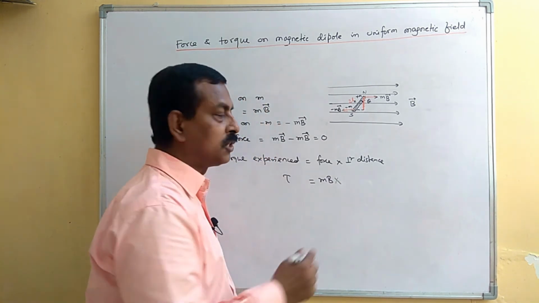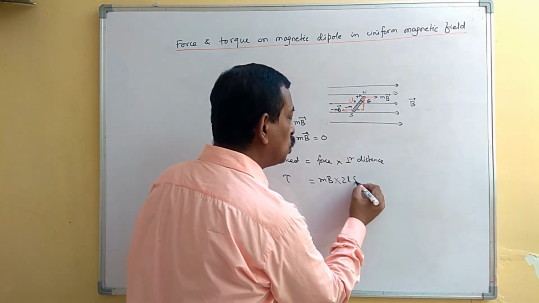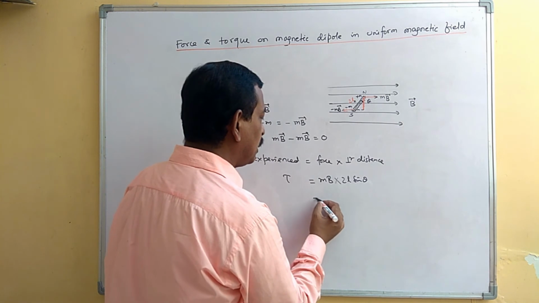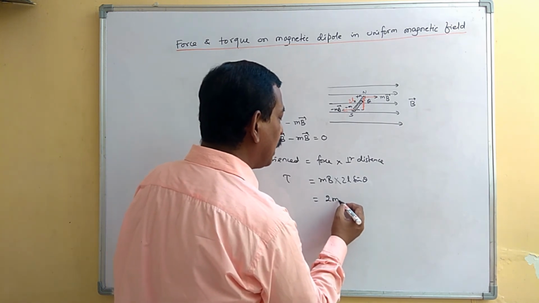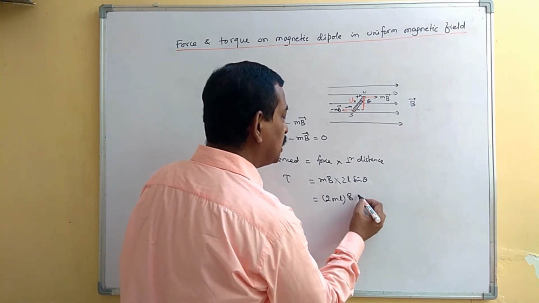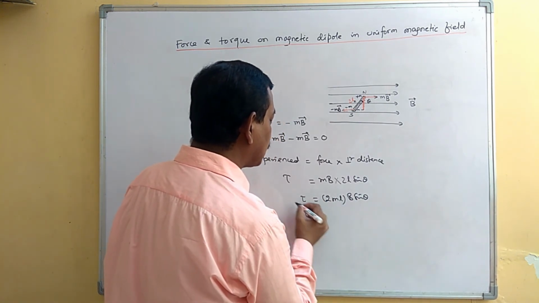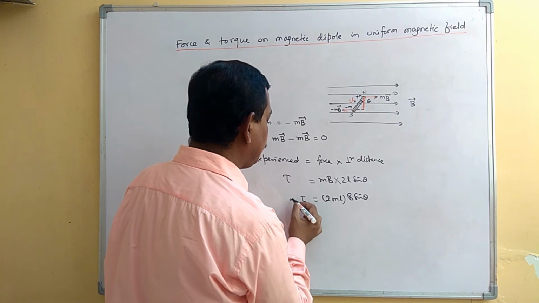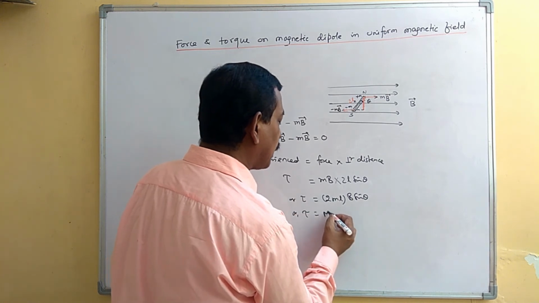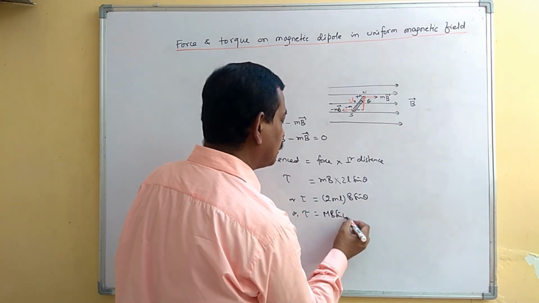So the perpendicular distance can be written as 2L sine theta. So this is 2mL B sine theta. This is the torque, or the torque can be written as capital M B sine theta.